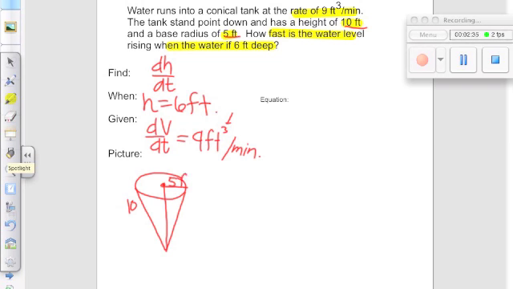I can't change the size of the actual cone. I'm just changing the amount of water that trickles in here, and I'm starting to measure all of those pieces out. Okay? So if you need an idea, this is what we're trying to look for in our problem.